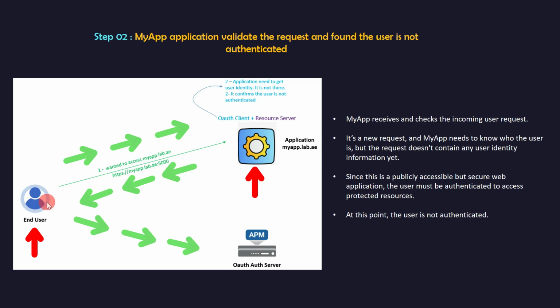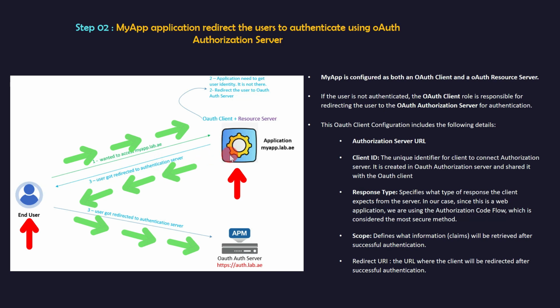But the user request does not contain any user identity information yet. Since this is a publicly accessible secure web application, the user must be authenticated to access protected resources. At this point, the user is not authenticated. So, the myapp application redirects the user to authenticate using the OAuth Authorization Server.